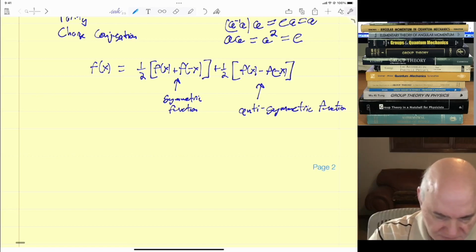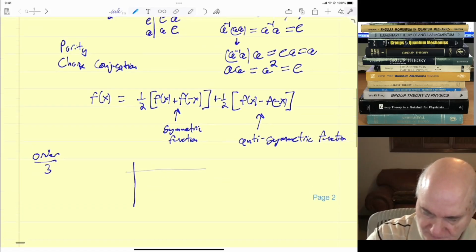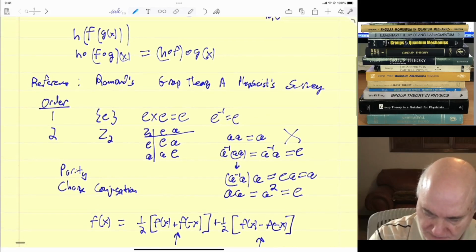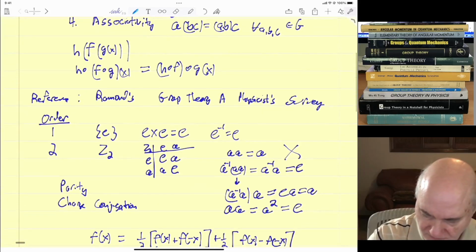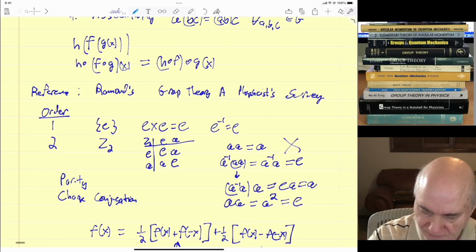Now, let's go to groups of order 3. And there's only one group of order 3. By the way, when I use this table, frequently people will leave out this column and this row because basically we know what the elements are just from the first row.